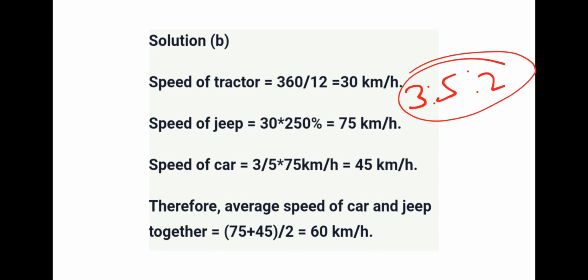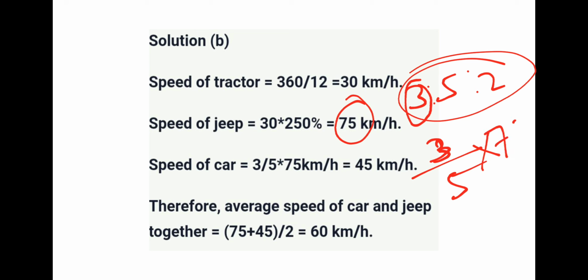3:5:2. So we have to find the speed of the car now. According to the ratio, the value of the car is 3 and the value of the jeep is 5, and the actual value of the jeep is 75. After doing this, you will get the speed of the car.